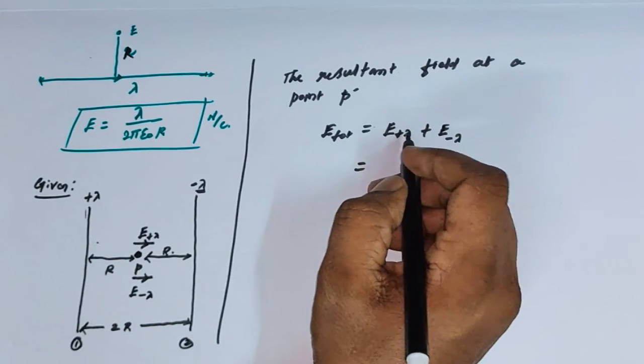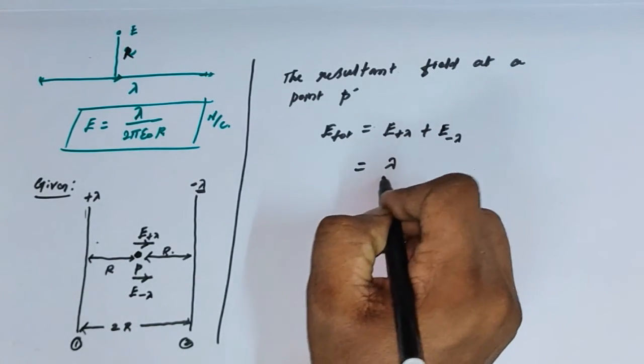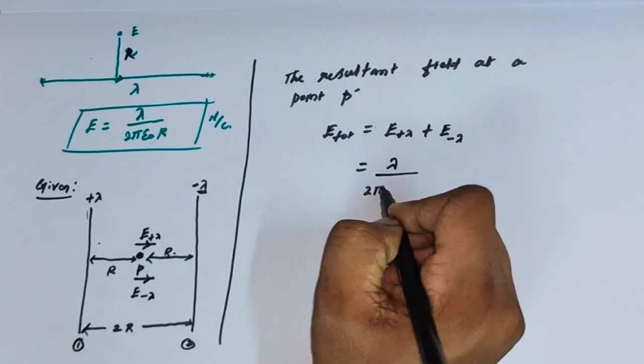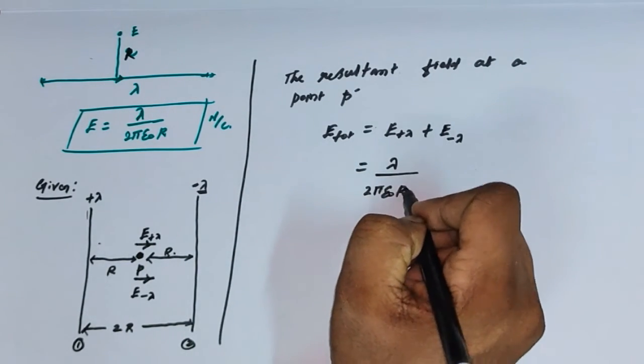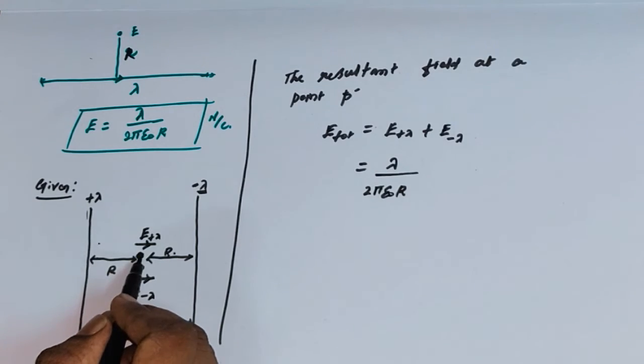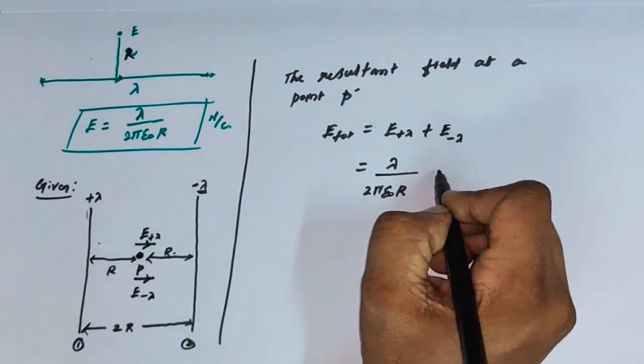Due to the first charge it is lambda divided by 2 pi epsilon naught r, because the perpendicular distance is r.